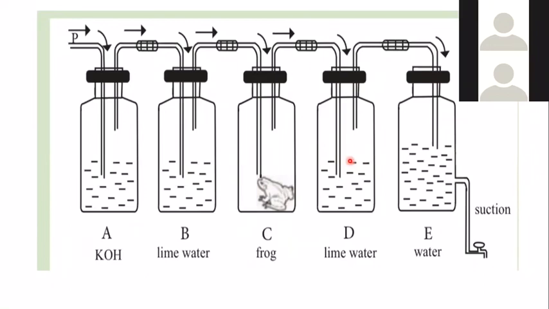Then again we have water. Sometimes you may have a question: why do we have a vessel with water here? There is a tap here. You may have heard about suction pressure. Suction is something like a vacuuming process, no?